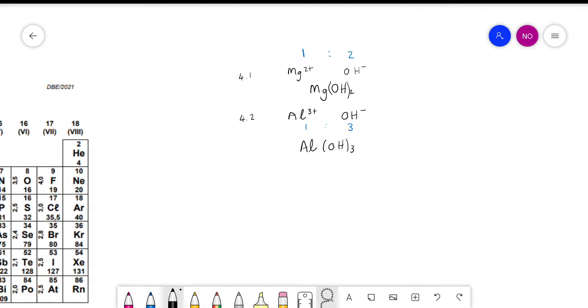Okay, ek gaan nog weer terug gaan na hierdie ene toe. Hierdie ene se naam is magnesium hydroksied.